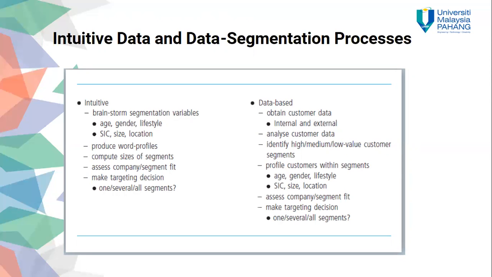So you have your customer data, internal and external, analyzed in terms of the profile of your segment. All of this will support the information that you require through the CRM system that you have.